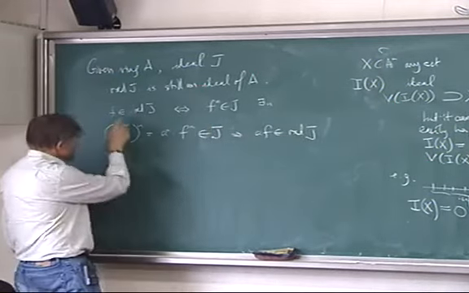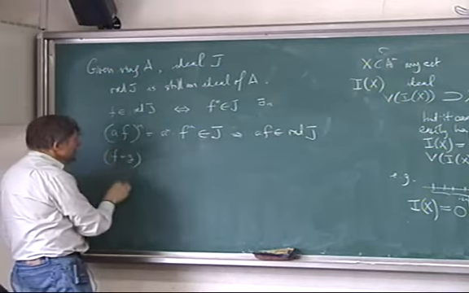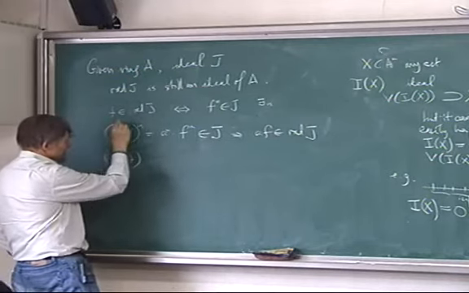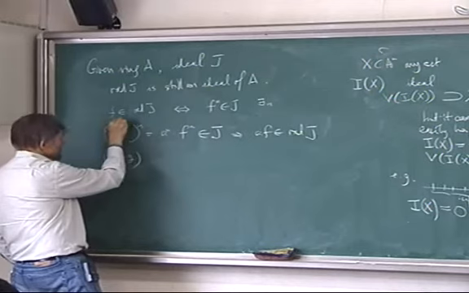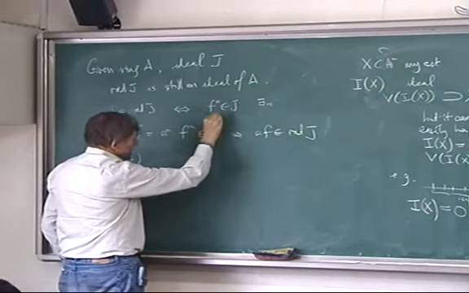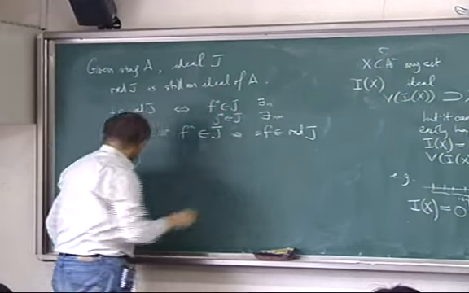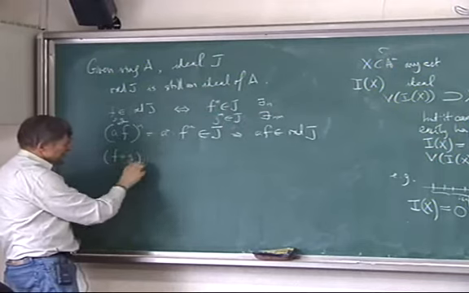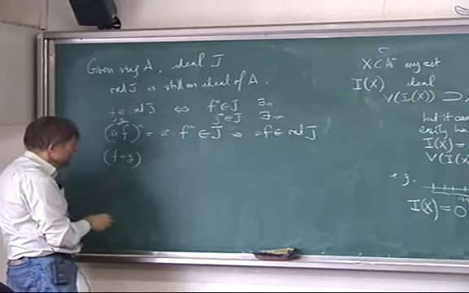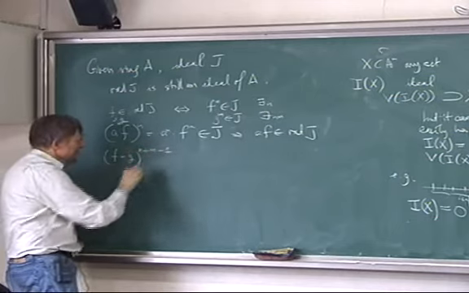Right? And then if I do f plus or minus g, suppose f and g are in the radical of J, then f to the n is in J and g to the m is in J for some m. Right, and then I'm going to write down, for example, n plus m. I write down f to n plus m minus 1.